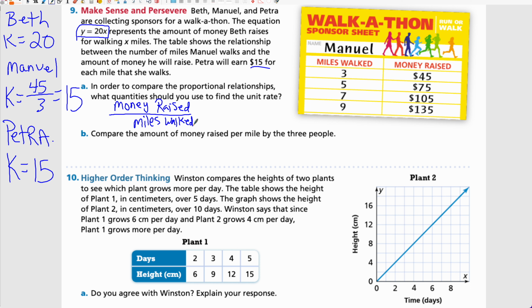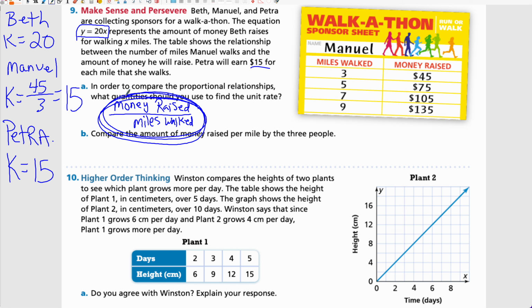Okay, now, that's how we calculated Manuel's number, right? We didn't have to calculate Beth's number. They just gave us that in the equation. But how did they get that number? They divided. They did the exact same thing. They just did it for us. We didn't have to calculate Petra's number. They gave it to us. But how did they calculate Petra's number? They did the same thing.